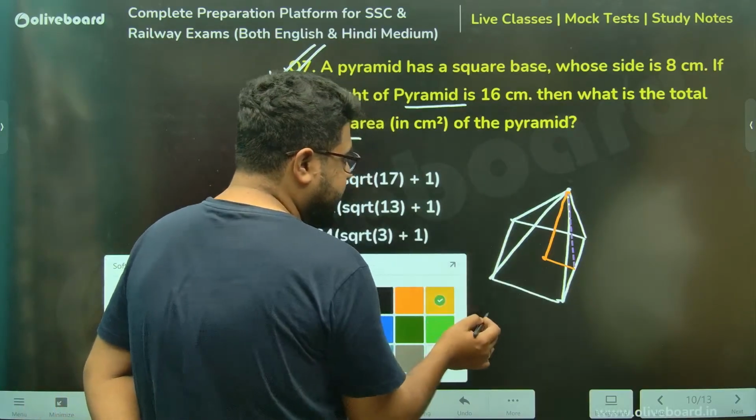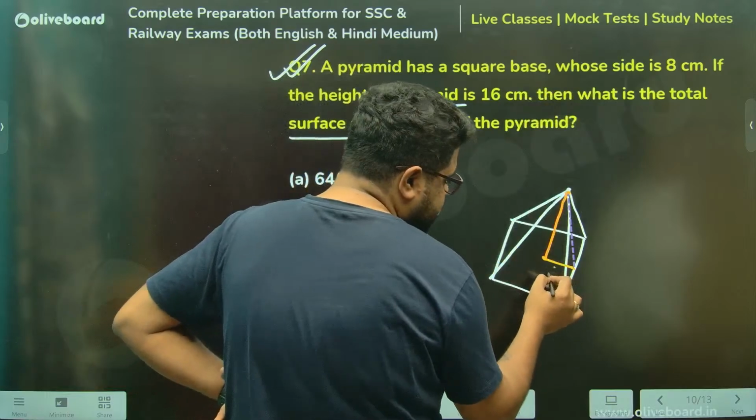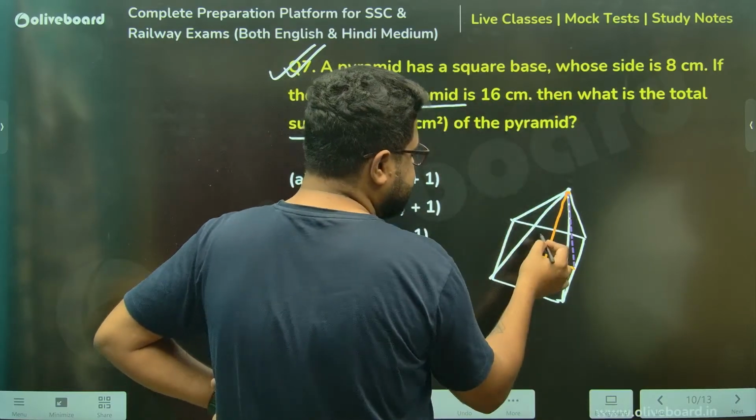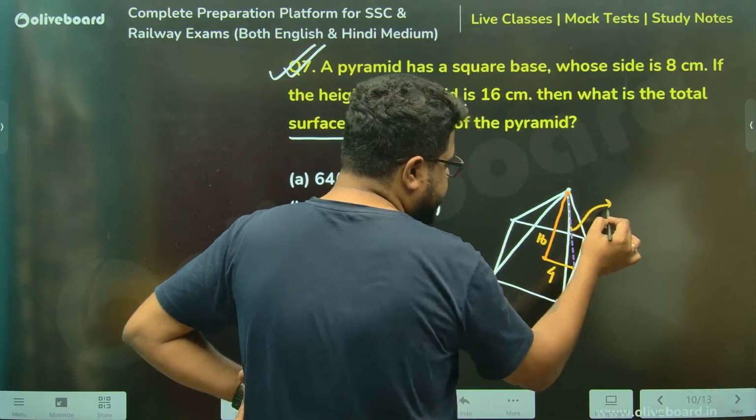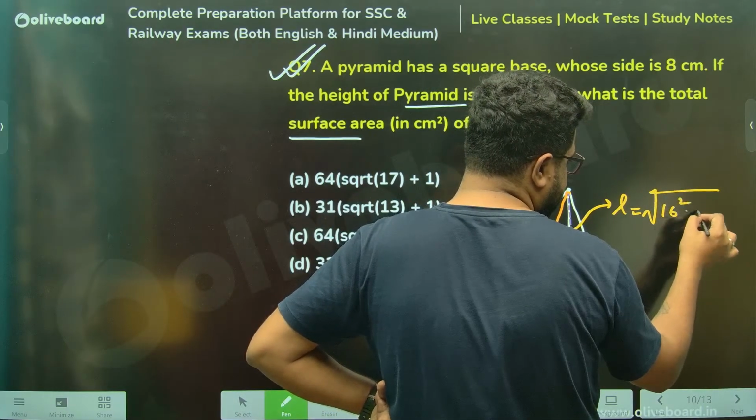Please understand, everybody. This is half of the base. Base is 8, so this is 4, sir. Height is given as 16. So slant height will be root over 16 square plus 4 square.